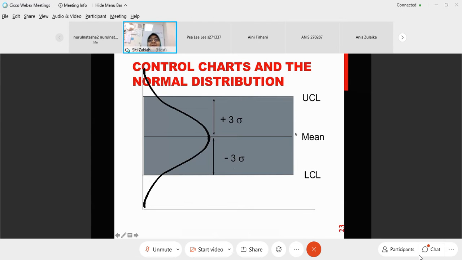This is the medium. This is the average. Ataupun center line lah apa macam-macam dia orang panggil. Right? This is how macam mana kita nak tengok, kita understand. That means all the points, apa data-data yang kita collect tu is must within these two line, within 3 sigma. See? That means 6 sigma kan? 3. Okay?